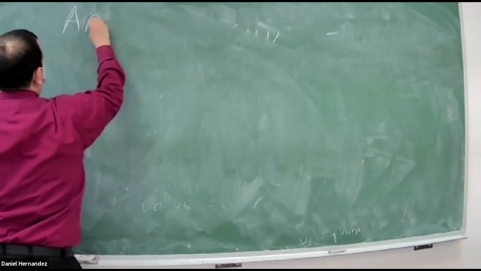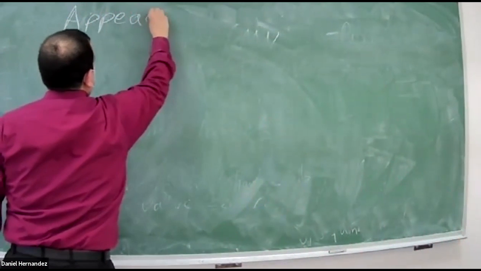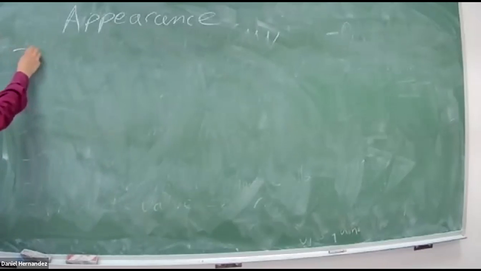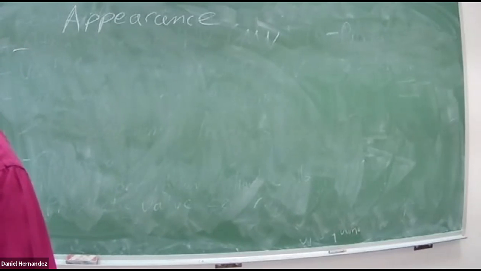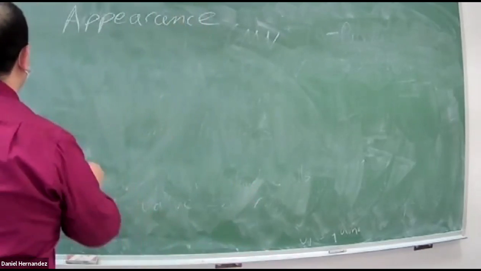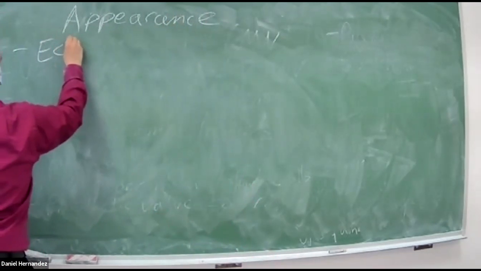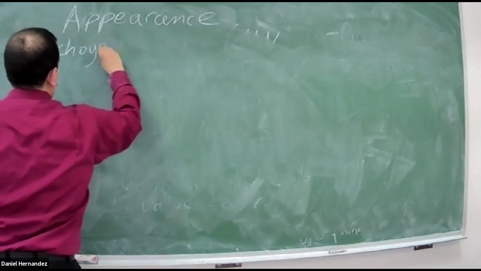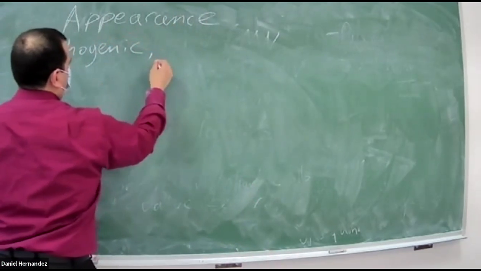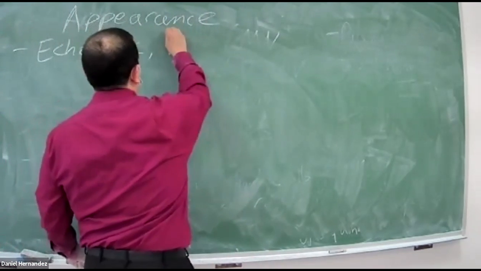So appearance. What are vegetations going to look like? All right. So appearance. So they're going to be echogenic. They'll typically be irregular shaped.